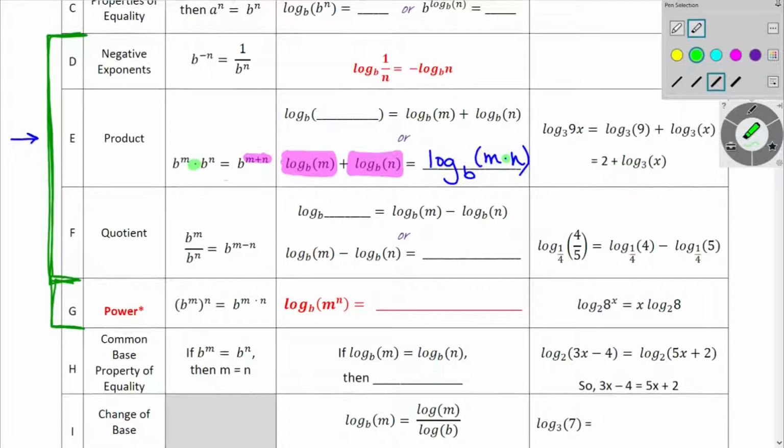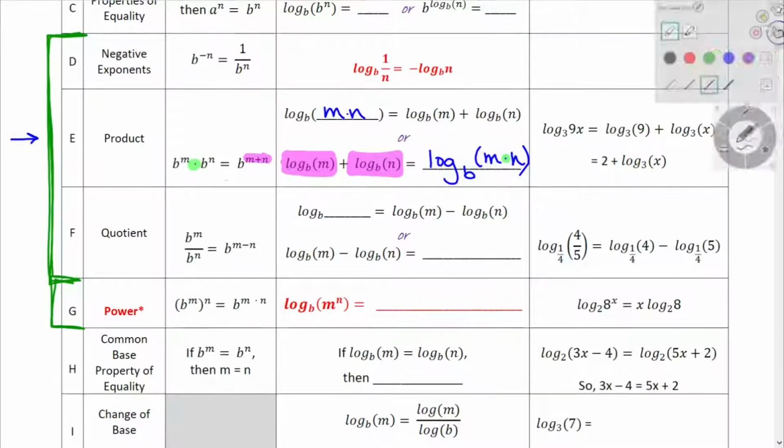So addition between the logarithms is the same as multiplication inside the parentheses. And we get that same thing: if you have log of m times n, it is just equal to the log base b of m plus the log base b of n.